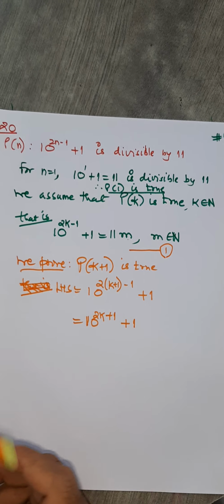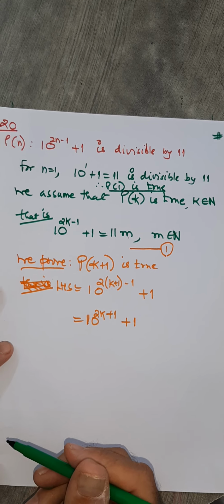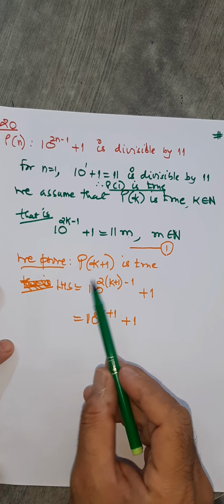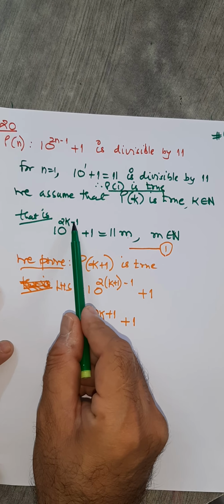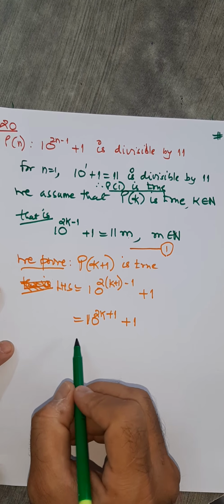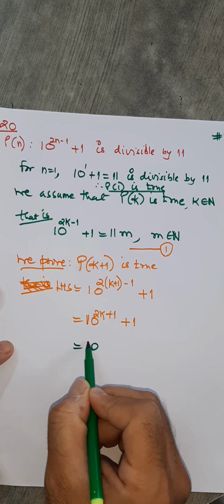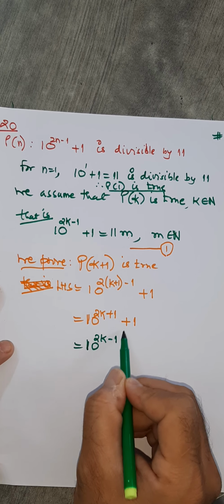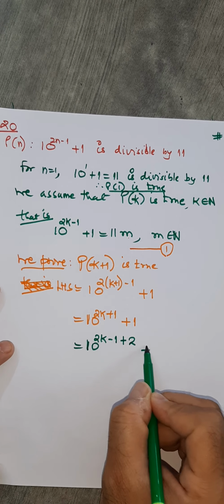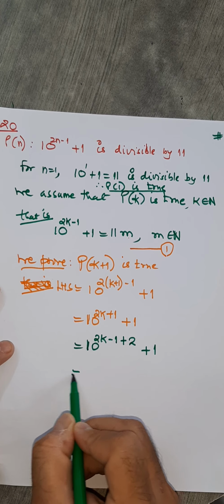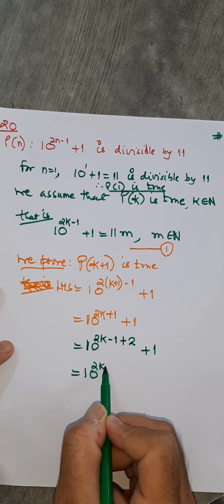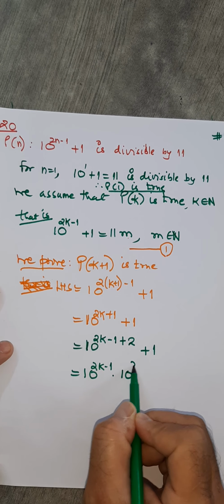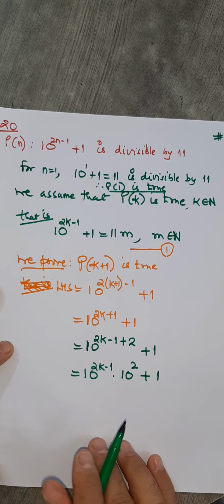Now if you remember earlier questions, we need to use equation 1 here, but there you have 10 raised to 2k minus 1. So what I'll do, I'll express it in that form, 10 raised to 2k minus 1 into 10 squared, plus 1 as it is.